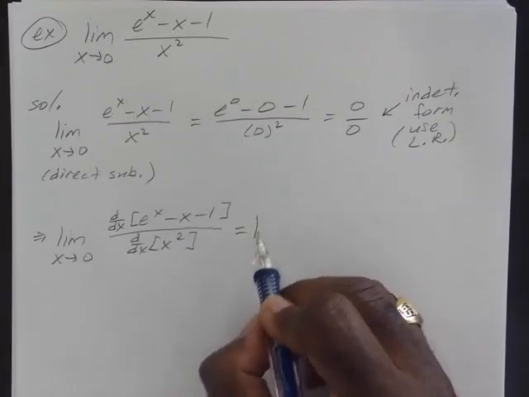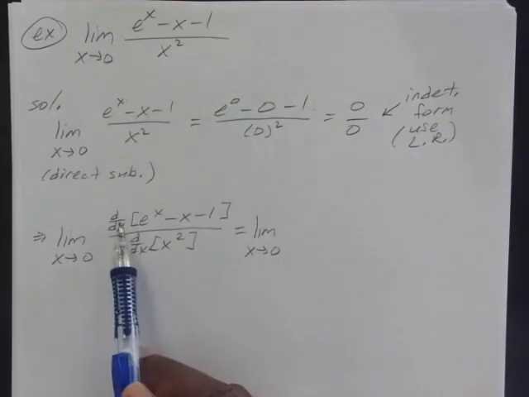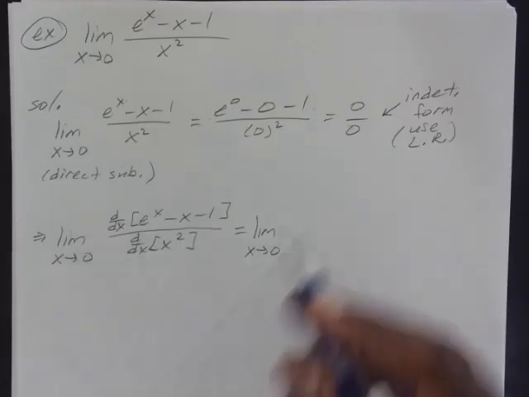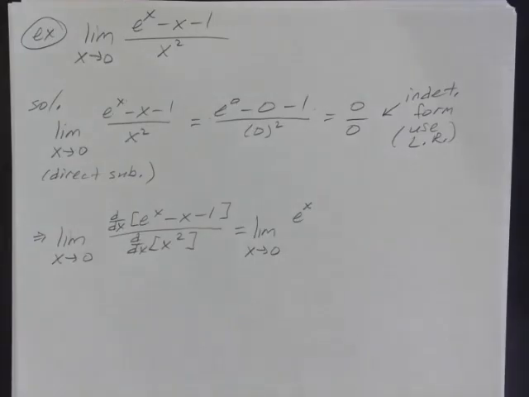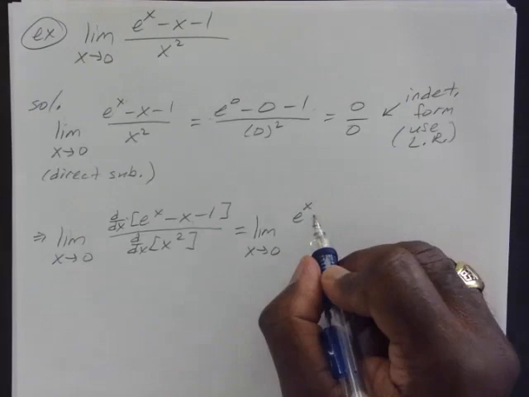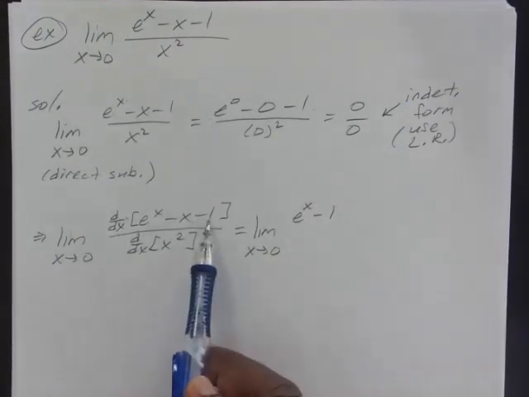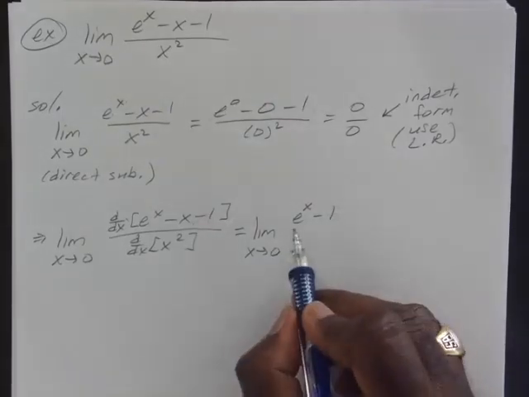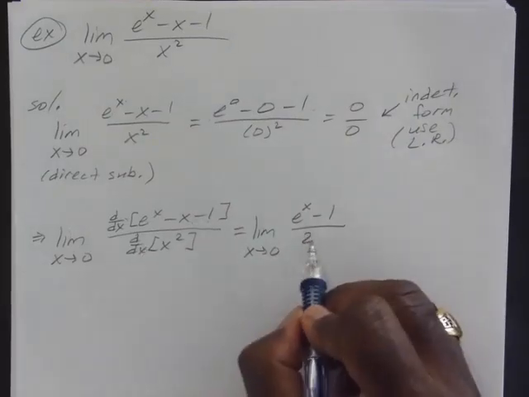Which is equal to the limit as x approaches 0 of the derivative of e to the power of x, which is just e to the power of x, minus the derivative of 1, which is 0, so that one disappears, divided by the derivative of x squared, which is 2x.